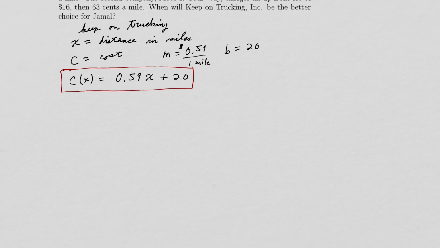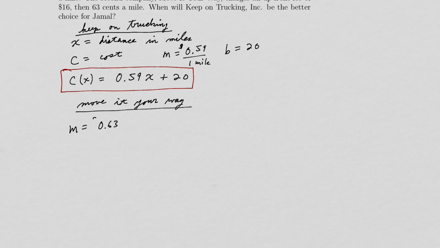All right, now what about Move It Your Way? In this case, the slope is $0.63 per mile. You remember that means like 1 mile, right?